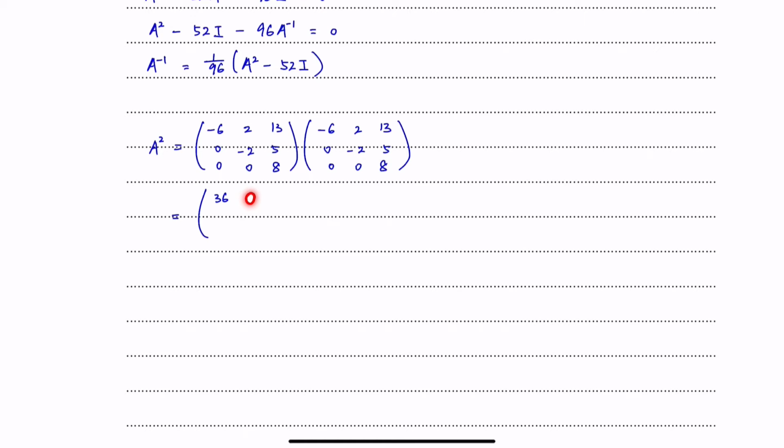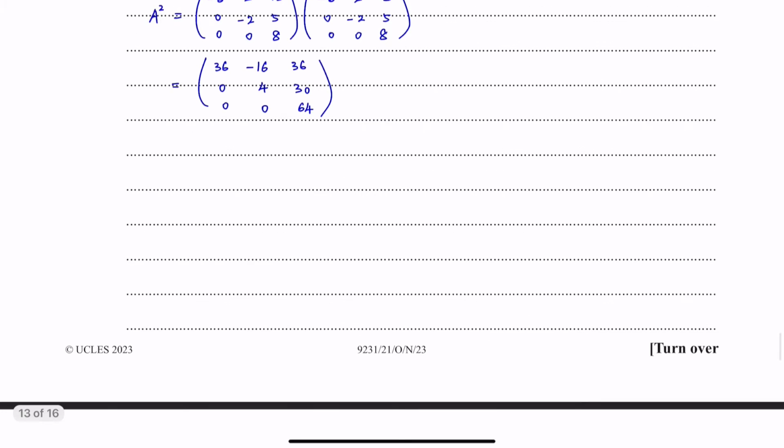For the second value, we take this row times this column. So we end up getting -16. The third value, we take this row times this column. And we get 36. For this value, we take this row times this column. And we get 0. Similarly, we get 4, 30, 0, 0, 64. So this will be A squared.